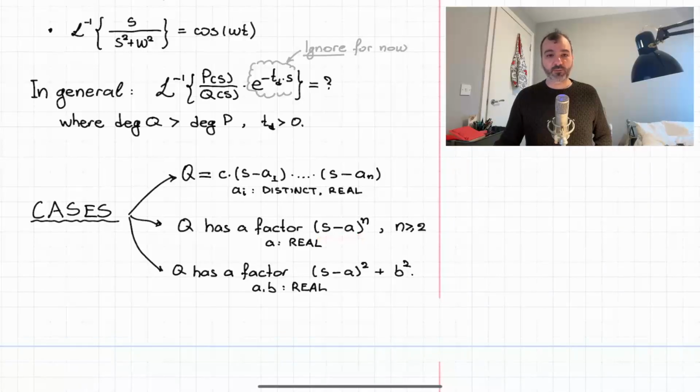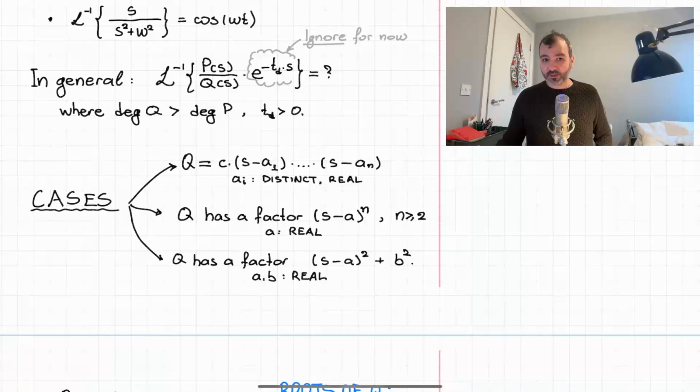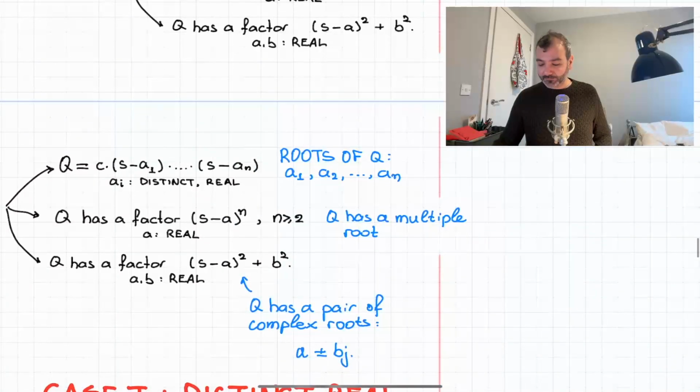We say then we have a multiple real pole. And the last case is where you have factors of the form s minus a squared plus b squared, where a and b are real numbers, and this implies that the complex number a plus minus b j is a pair of poles of the function. So we'll examine these cases separately.